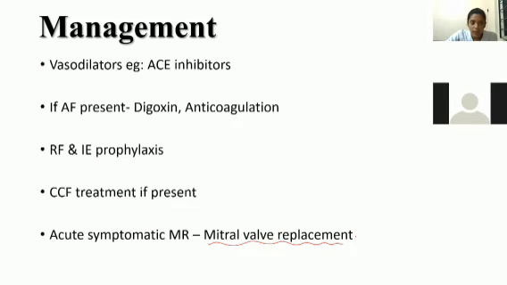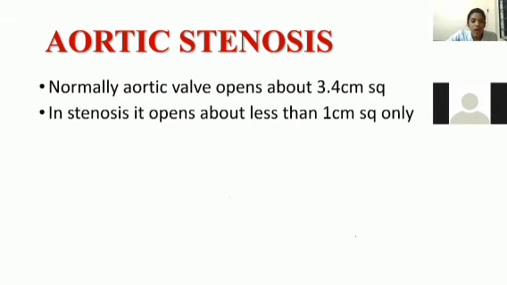Next, we are going to the aortic valve. What are aortic stenosis and aortic regurgitation? Let's see. In aortic stenosis, normally the aortic valve opens about 3 to 4 square centimeters.